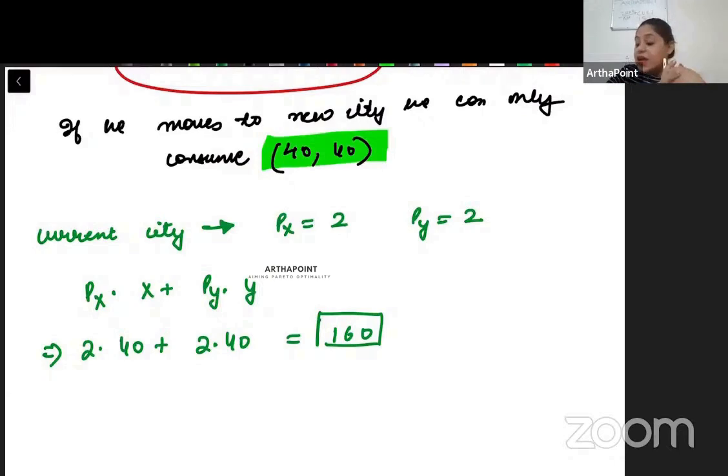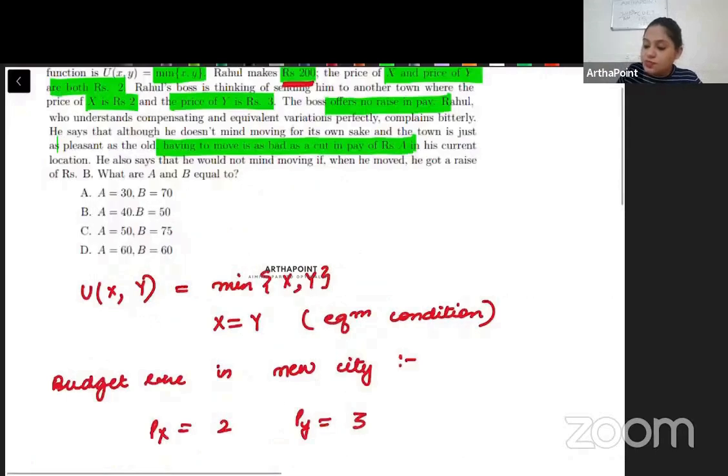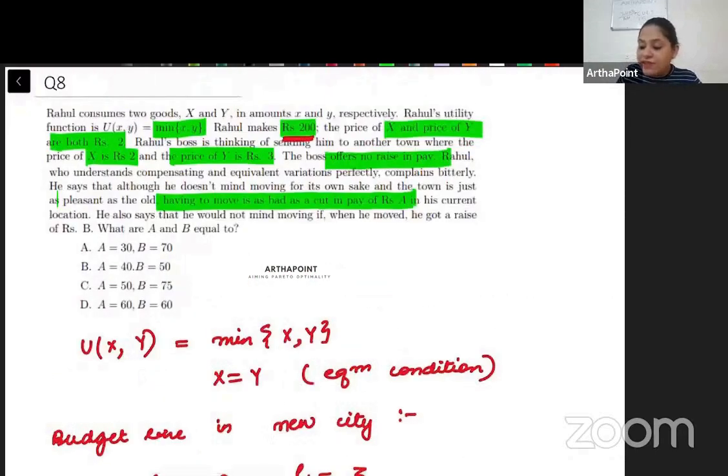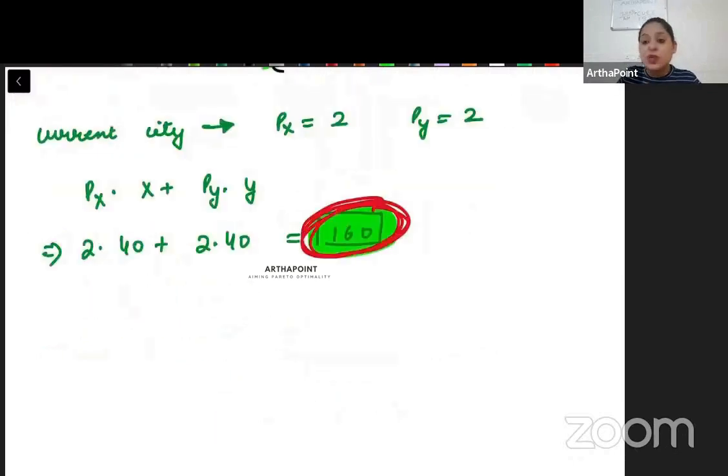Alternatively, we are saying that he is not able to consume more. He's only able to consume 160 rupees worth of goods when his income is 200. So now just come to the question. It says, having to move is as bad as a cut in pay in his current location. In his current location, it is equivalent to just having 160 rupees, and then he can consume the same bundle that he consumes in the new city.